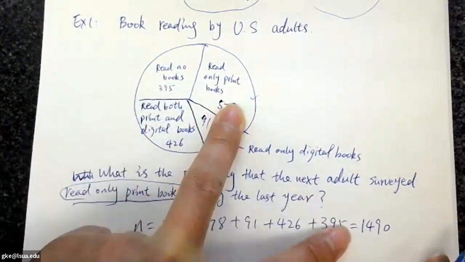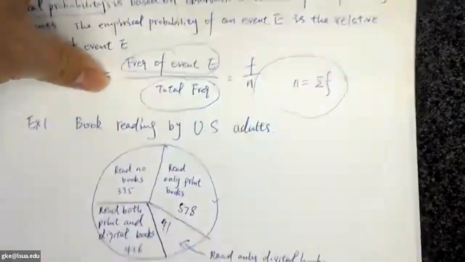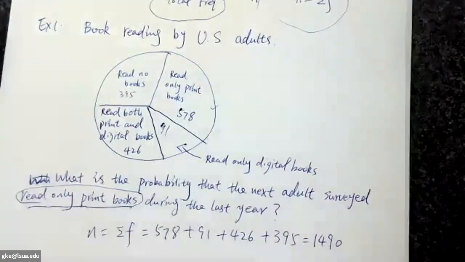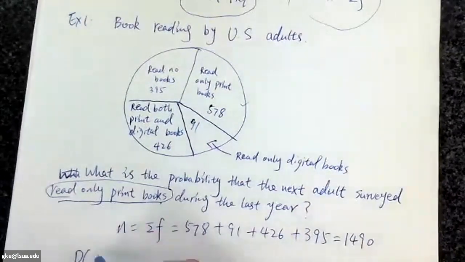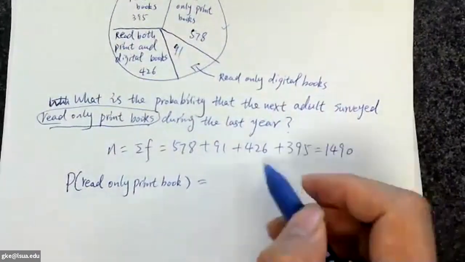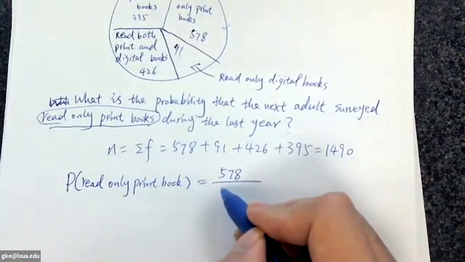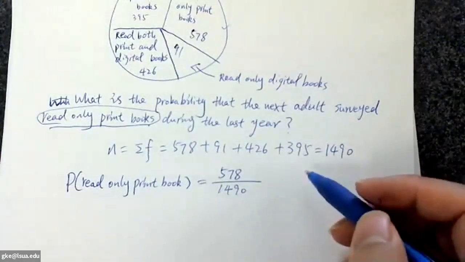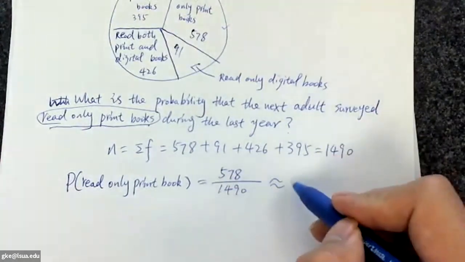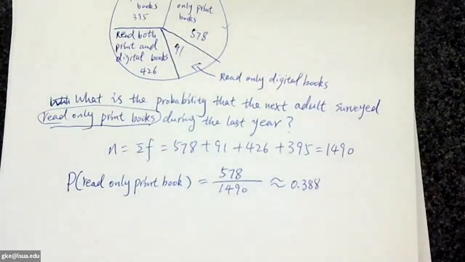So the numerator is 578 and the denominator is 1490. We calculate the probability of read only print books: 578 divided by the total frequency 1490. Using your calculator, the value is 0.388. So that's the answer.